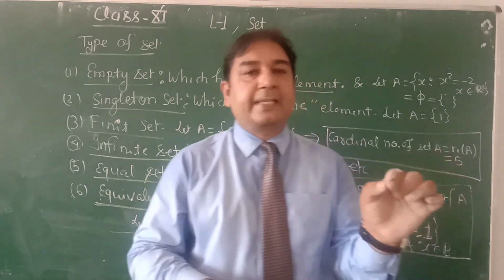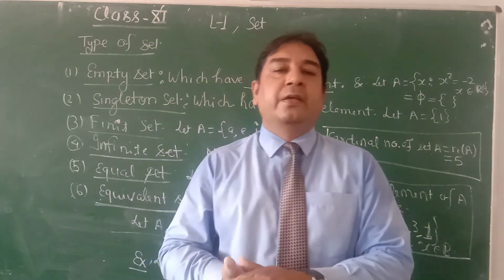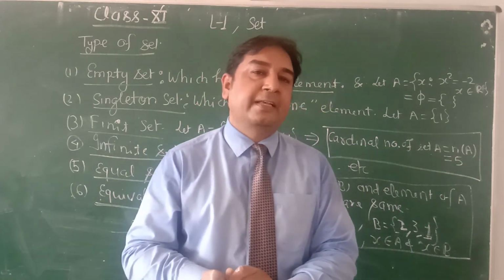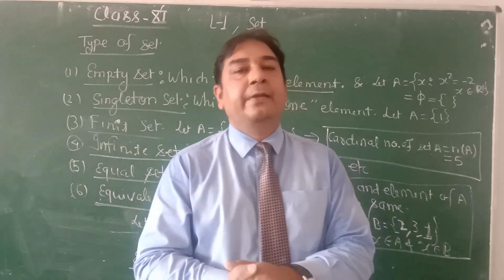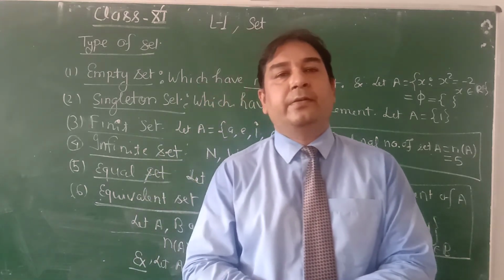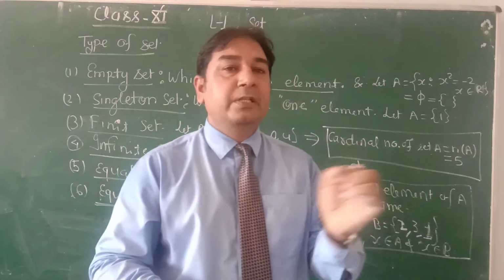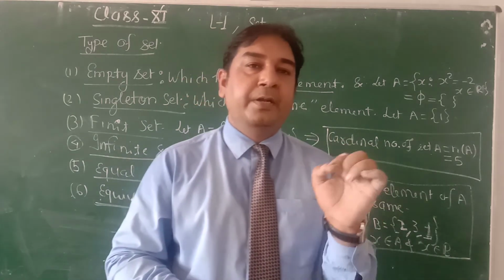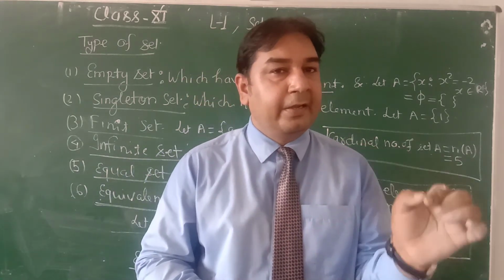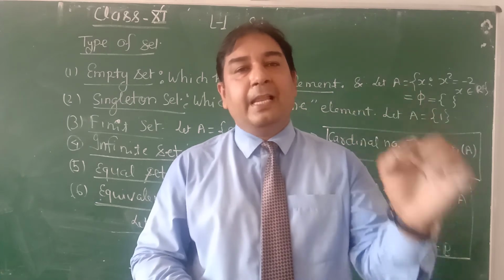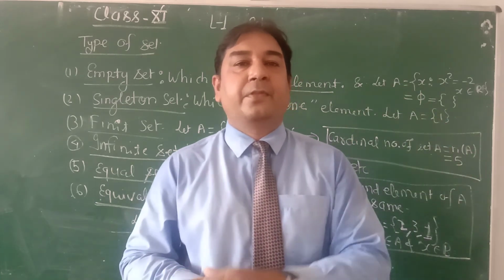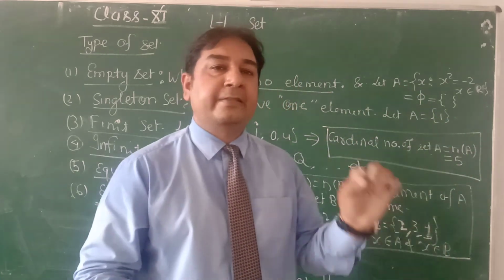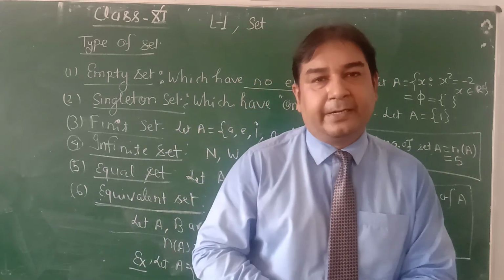If both sets have the same cardinal number, then we can say that the given sets are equivalent sets. Whereas in equal sets, the cardinal numbers should be equal and the elements should be the same. So this is the condition for equal sets and equivalent sets.